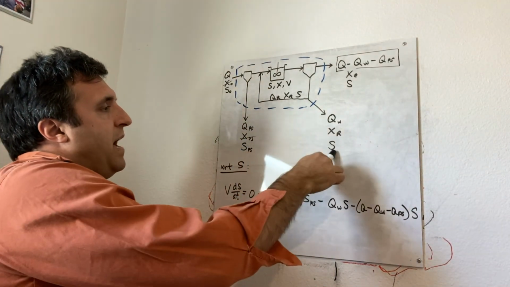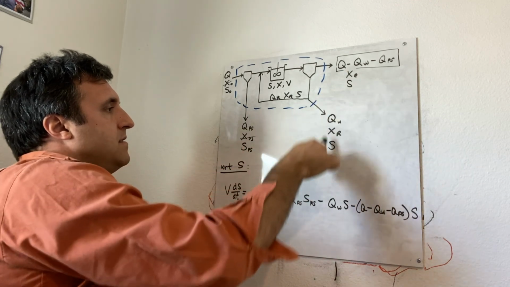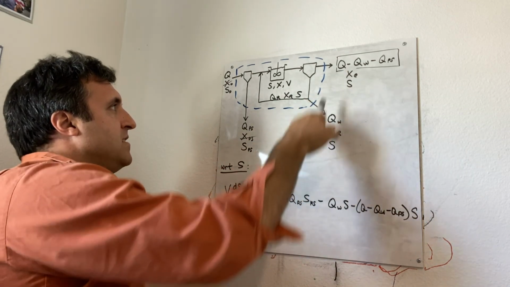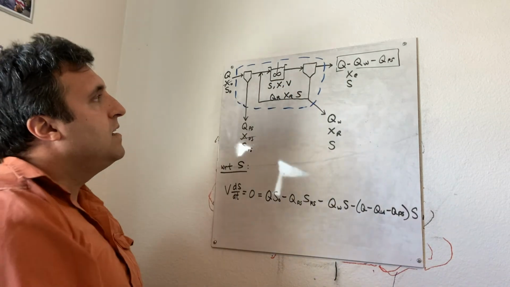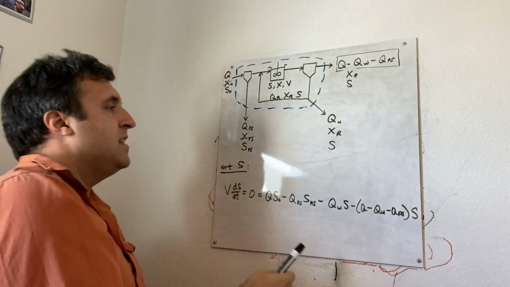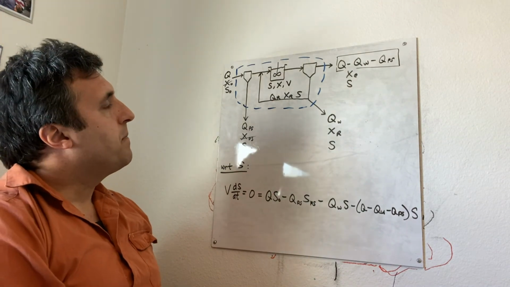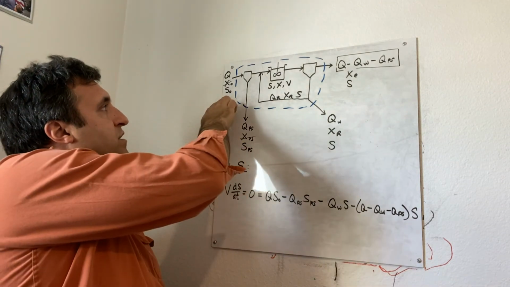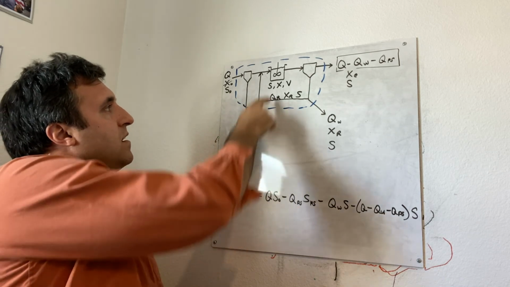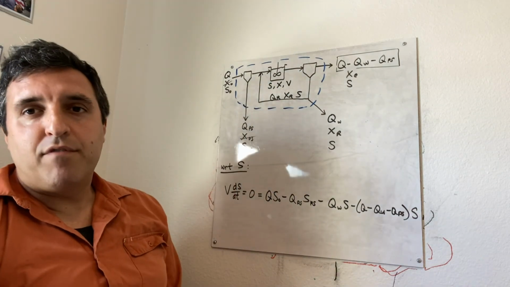And the reason why we have S, substrate concentration, as the same in the aeration tank and in that liquid effluent and in the sludge effluent is that S is being reduced from the influent to the effluent of the aeration tank.